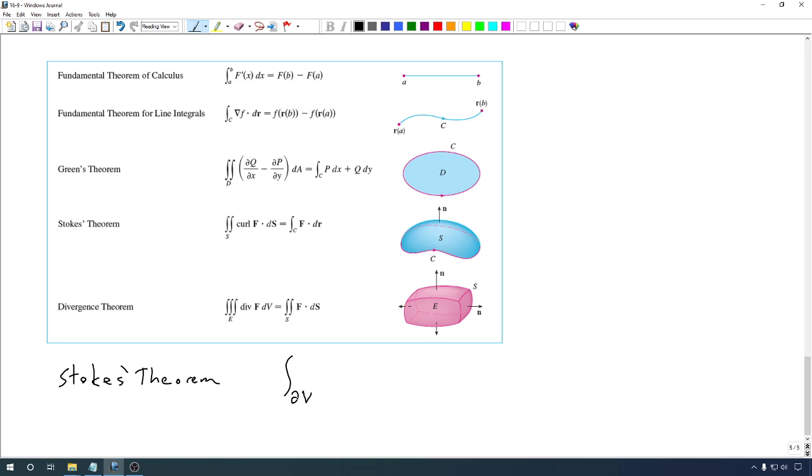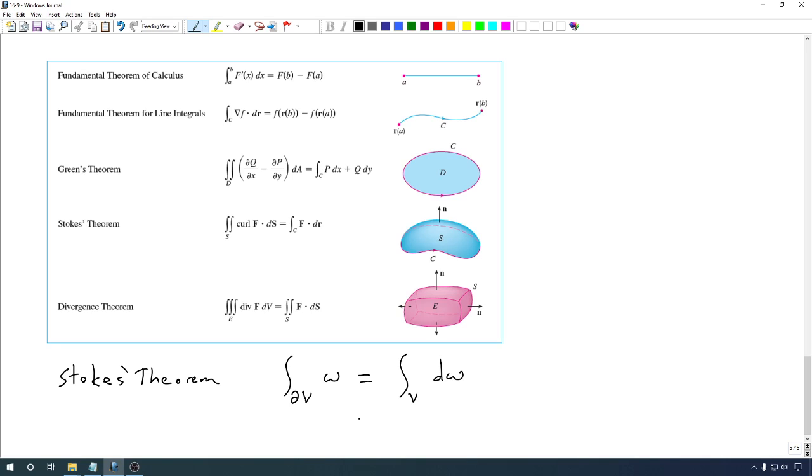Let's do V here, putting a partial symbol here, partial V would be the boundary of V. If we integrate something which we'll call omega over that boundary, it's the same thing as if we integrate over the interior of the derivative of that thing.